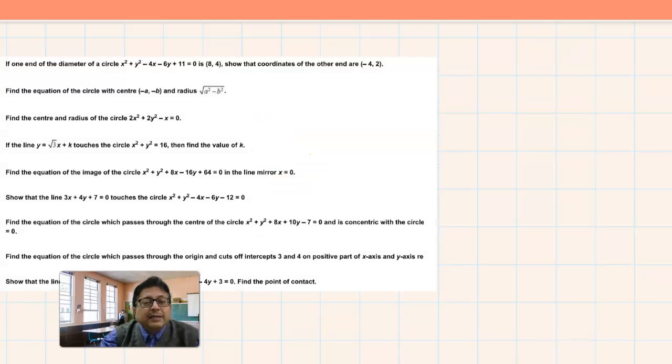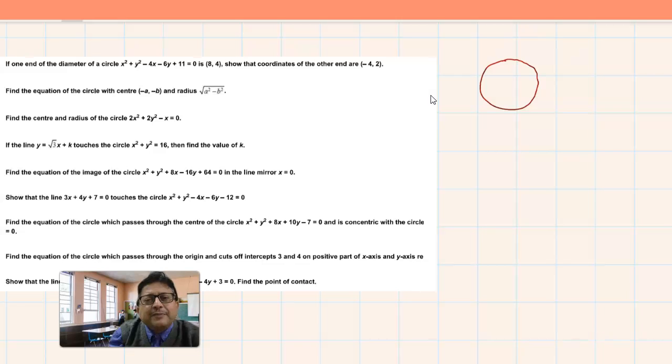We are starting circle problems arbitrarily by taking this one as a problem. If one end of a diameter of a circle is (8, 4), show that the coordinate of the other end is (minus 4, 2). So how to prove this? One end of the diameter is given, the other end has to be this.